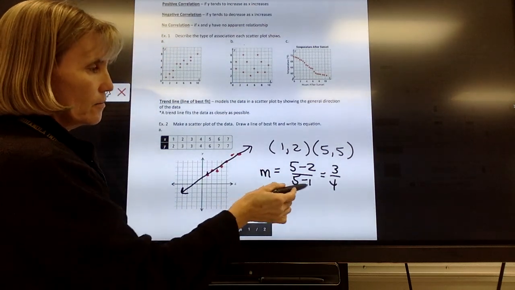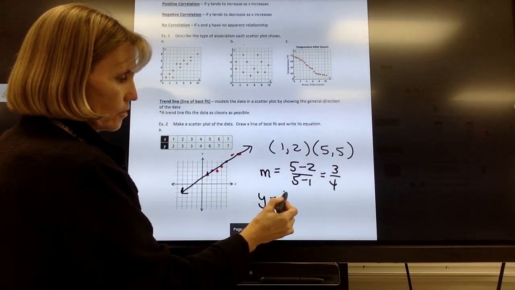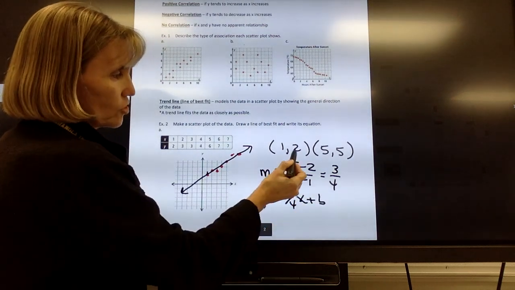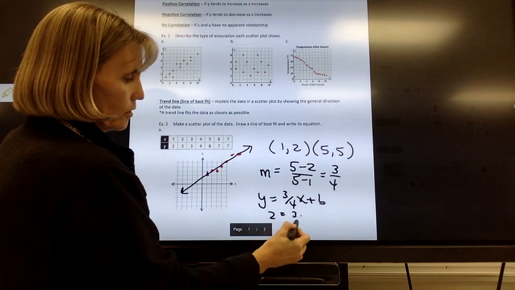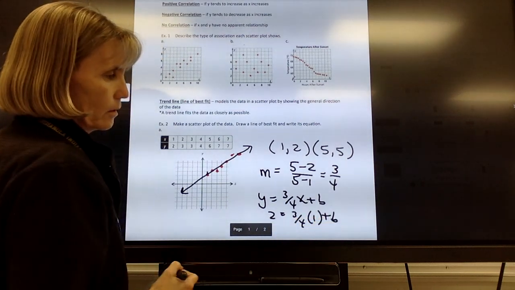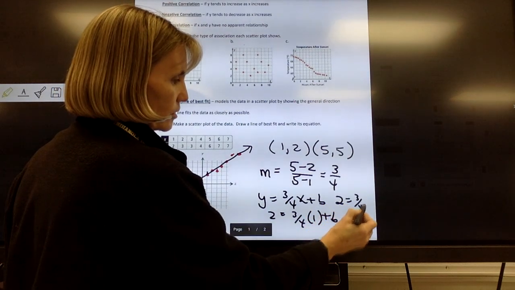And then to find my b value, I've got to use one of those points. I'm going to say y equals 3/4 x plus b. I'm going to use this point 1, 2. So I'm going to say 2 equals 3/4 times 1 plus b. 2 is equal to 3/4 plus b.